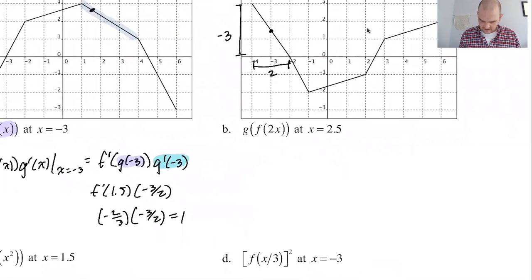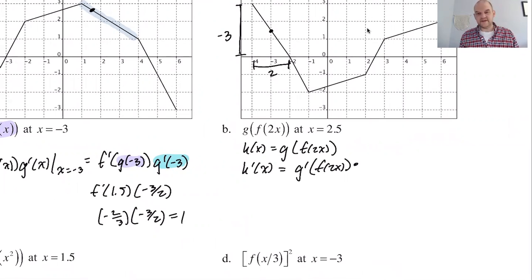All right, let's say h of x is g of f of 2x. This will be the last one I do in this video. So h prime of x is, the derivative of g of something is g prime of that thing times the derivative of that thing. That thing is f of something. The derivative of f of something is f prime of that thing times the derivative of that thing.